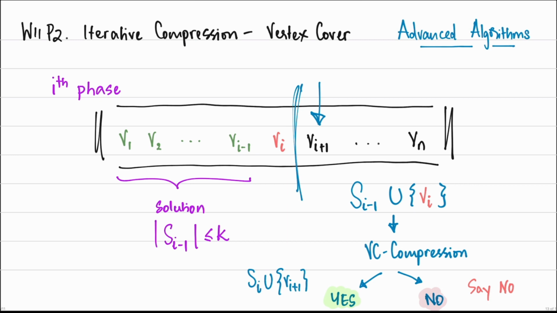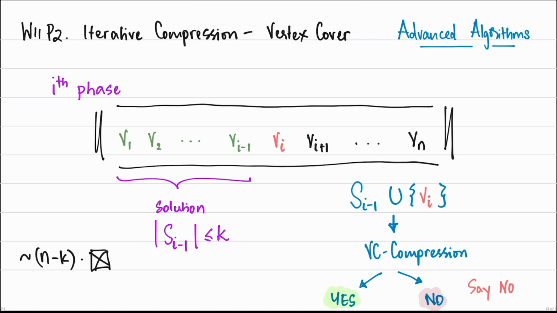And now we appreciate that if we knew how to solve vertex cover compression in whatever time, then we can solve all of vertex cover in time roughly n minus k times whatever time we needed to solve compression, because we are basically repeating the compression routine n minus k times, and you might add another polynomial overhead for the work involved in picking up a vertex, adding it to the vertex cover, and things like that.